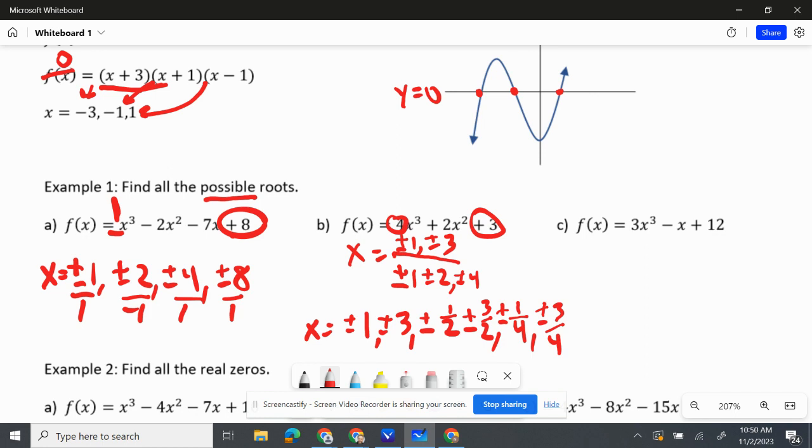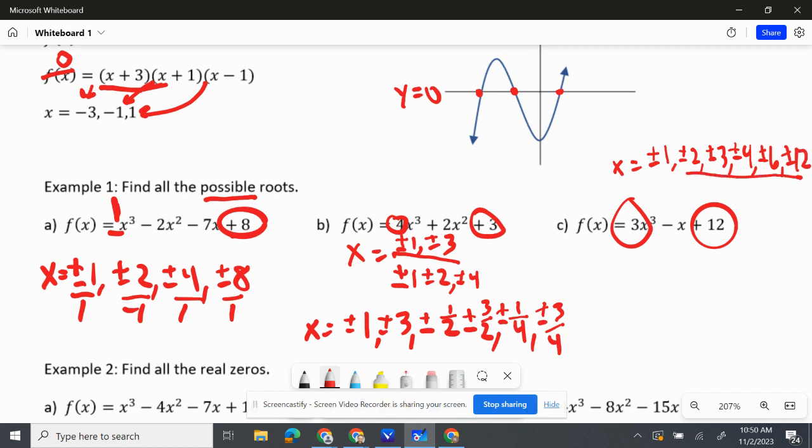Now for letter C, we're going to take all the factors of 12 divided by all the factors of 3. So we have plus or minus 1, 2, 3, 4, 6, and 12, divided by all the factors of 3, plus or minus 1 and plus or minus 3.